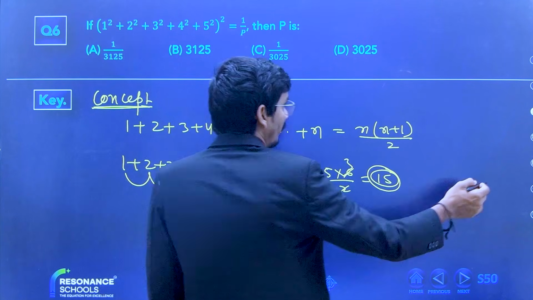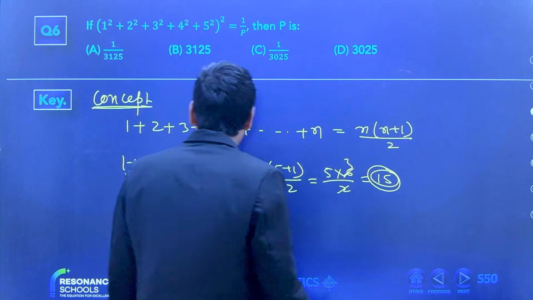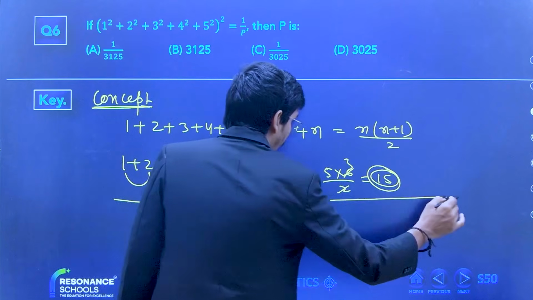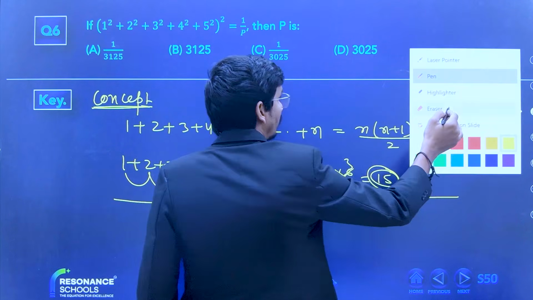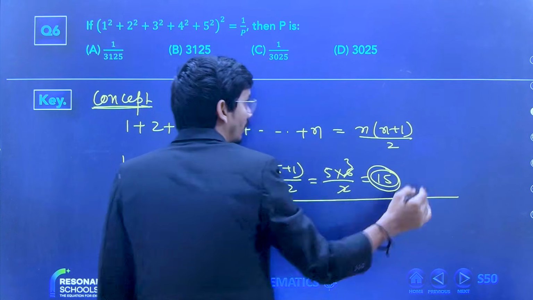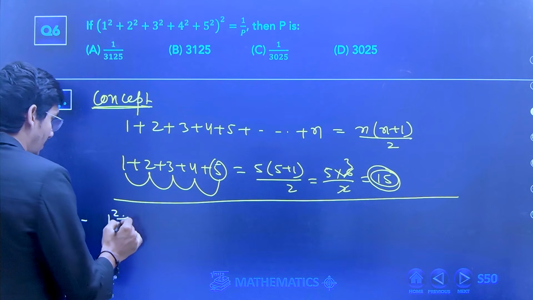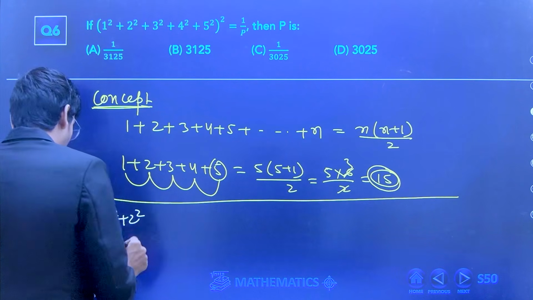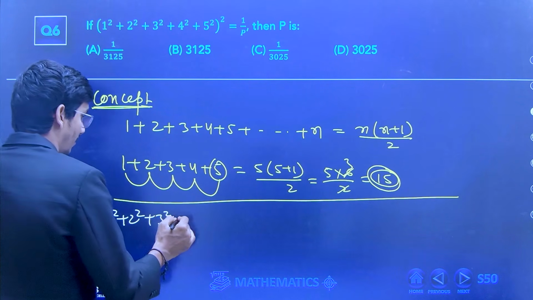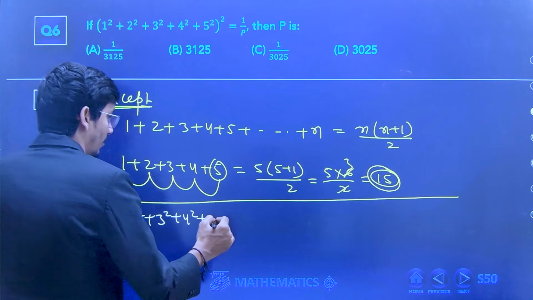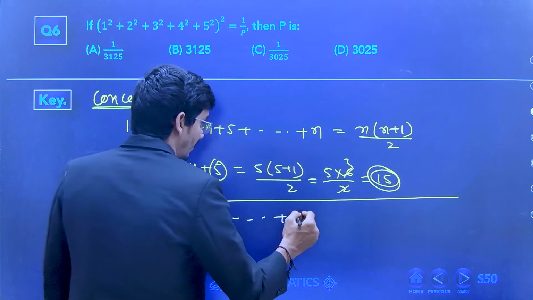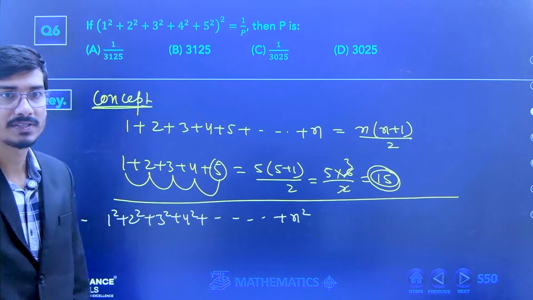In the same way, there is another formula I am writing here. Listen, beta, 1 square plus 2 square plus 3 square plus 4 square up to n square. It means what?